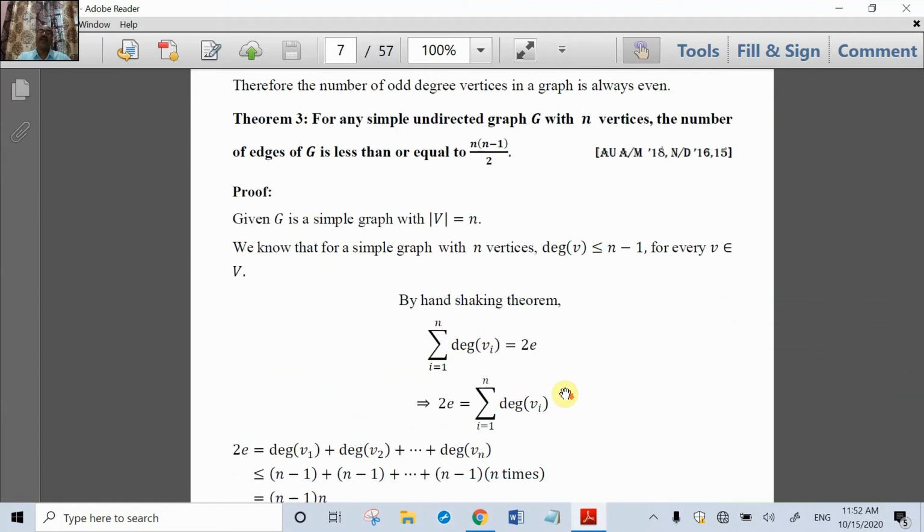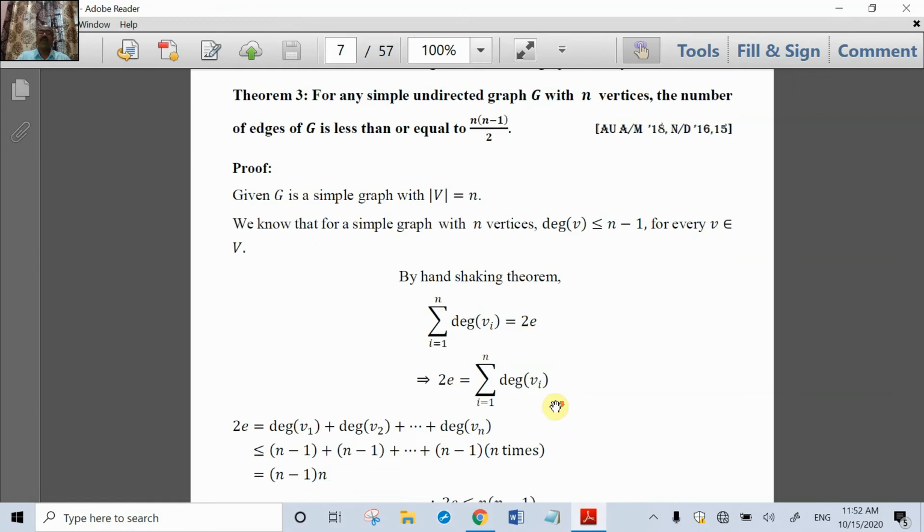Next theorem: for any simple undirected graph with n vertices, the number of edges is less than or equal to n times n minus 1 by 2. Now, we know that degree of v is less than or equal to n minus 1. By the handshaking theorem, the sum of the degrees equals 2e.